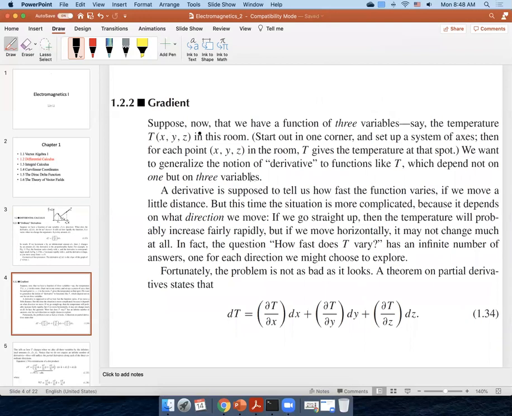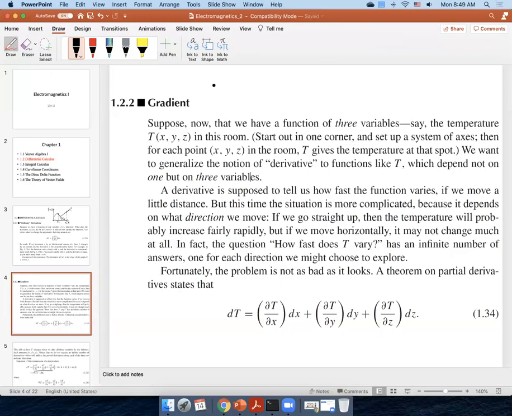Suppose now you have a function, let's say it's the temperature, T, in this room, and the temperature in this room might be slightly different. Or if you don't think the temperature is very different at different locations in this room, we can extend the temperature function not only in this room, but in the whole building.